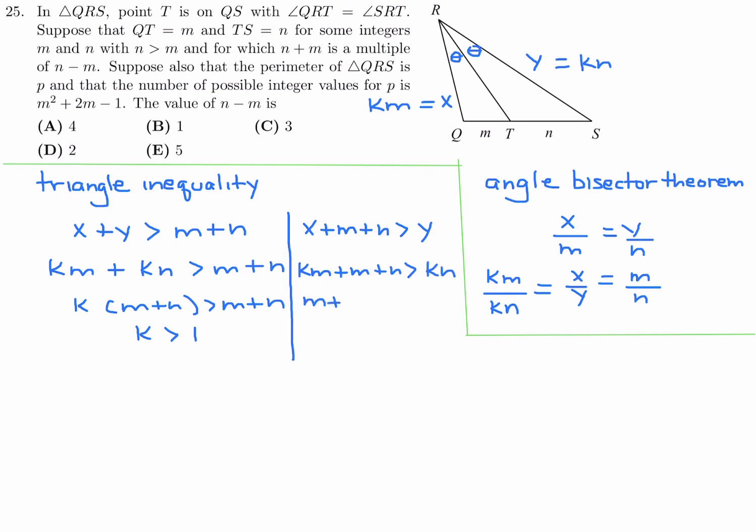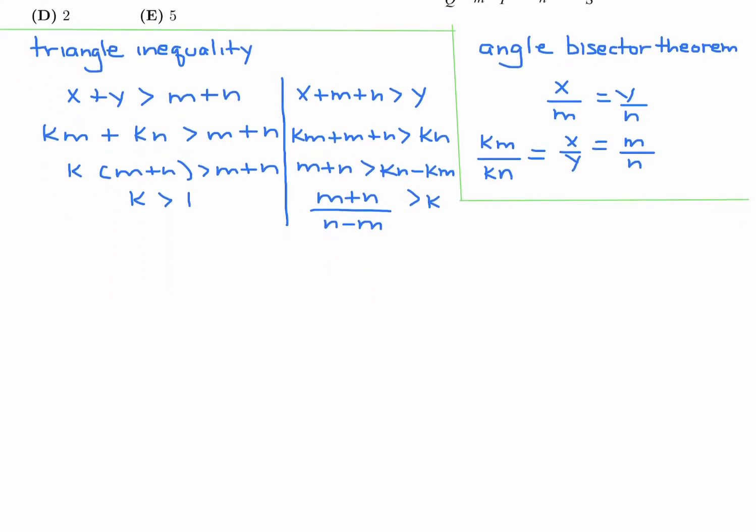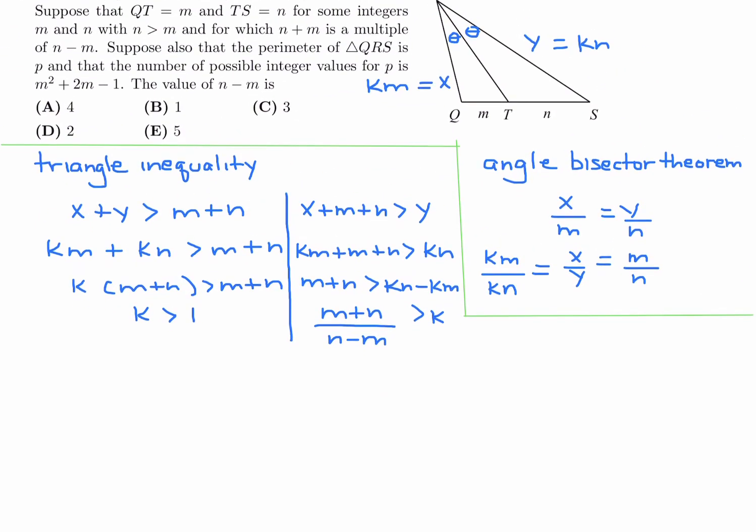So this becomes M plus N is greater than Kn minus Km, and I can factor out a K, and when I do, it will be N minus M, and I'll just bring that into the denominator. So K is greater than N minus M plus N over N minus M. All right, so that's pretty decent, I think.